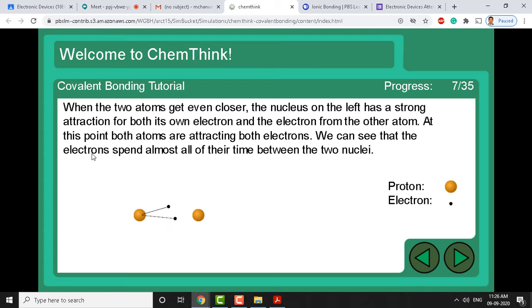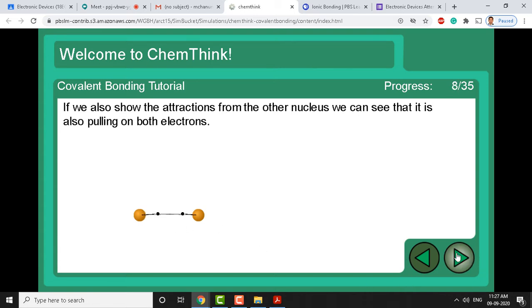So we can see that the electrons spend almost all of their time between the two nuclei. If we also show the attractions from the other nucleus, you can see that it is also pulling on both electrons. This kind of force is very important in understanding covalent bonding.